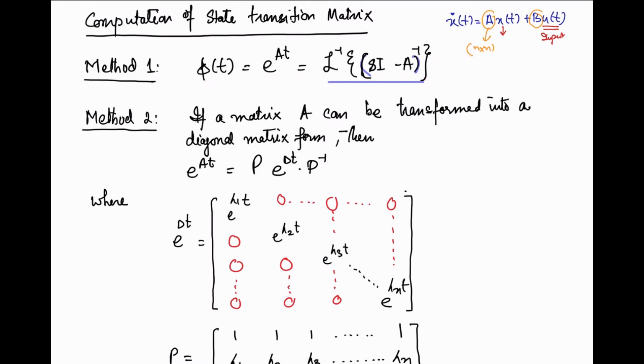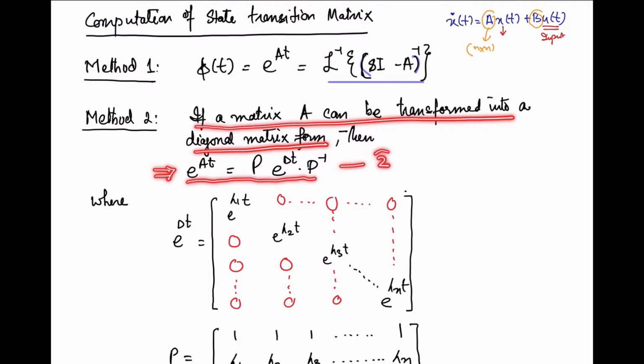The second method which is used to determine the state transition matrix will be discussed now. If a matrix A can be transformed into a diagonal matrix, then the state transition matrix is determined with the help of this equation. Let me call this equation 2.